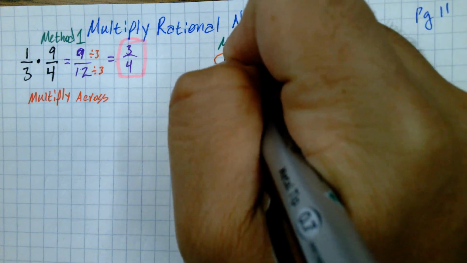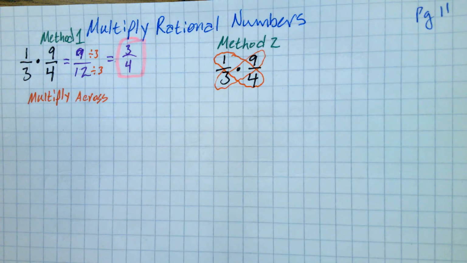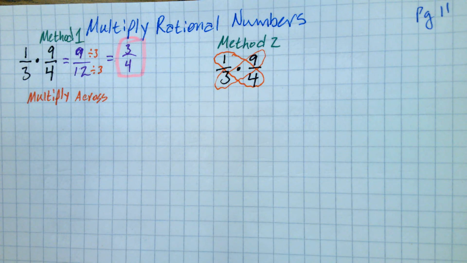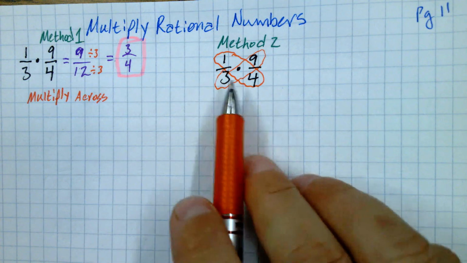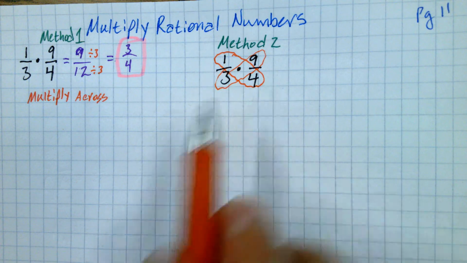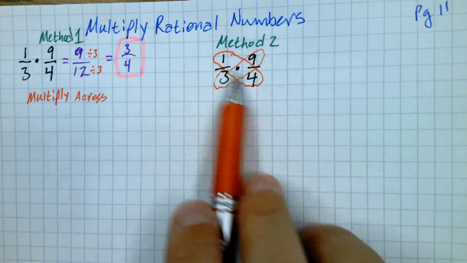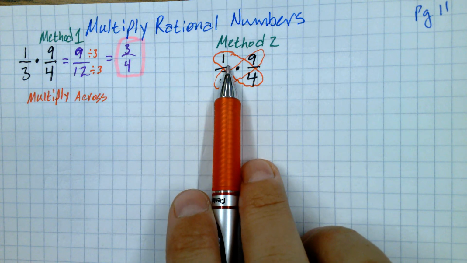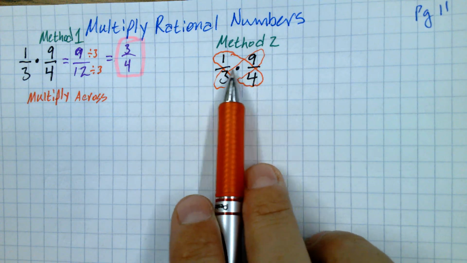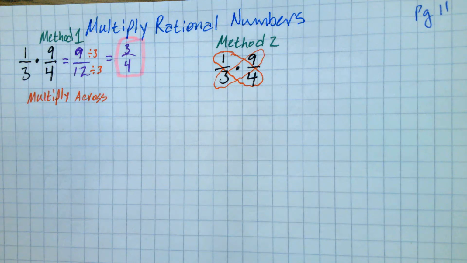You look at the numbers that are across from each other, and you see if there's anything in the numbers across from each other that you could simplify. So between 1 and 4, can I simplify anything between 1 and 4? No. How about between 3 and 9? Yeah. 3 goes into 3, 3 goes into 9. So this is the cross canceling part.